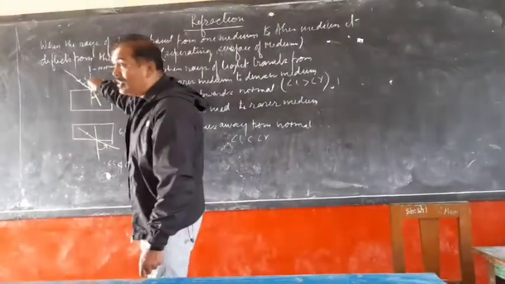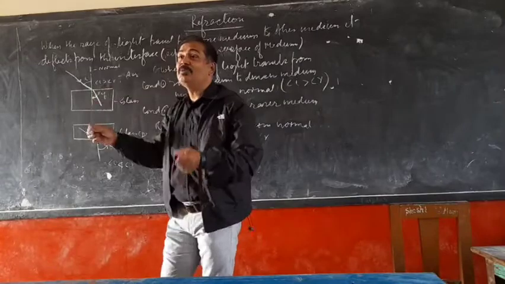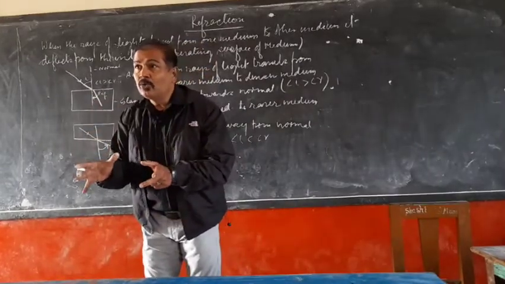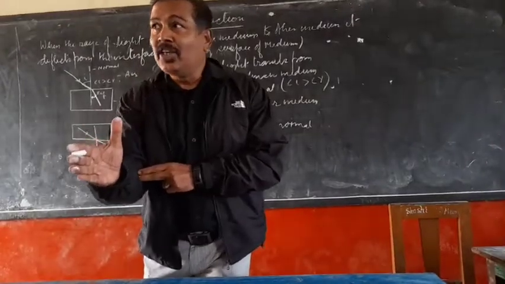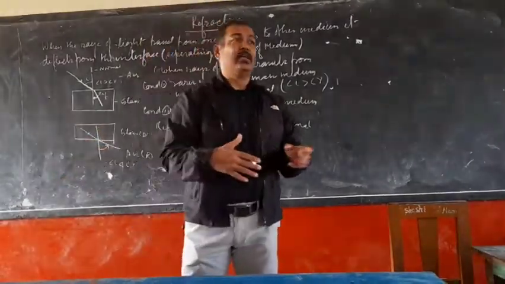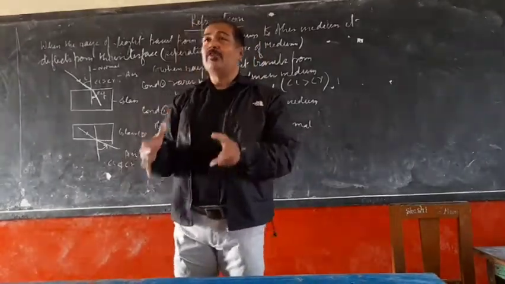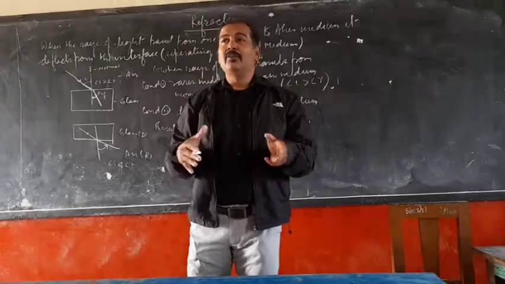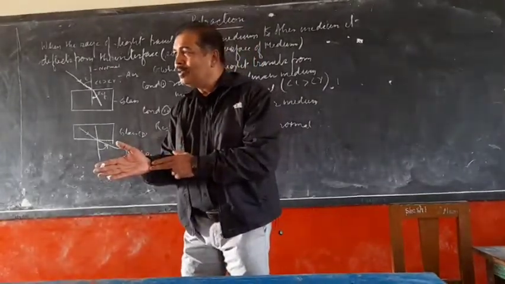As it comes into a congested area of higher density, the speed becomes slow. As the speed becomes slow, the direction automatically changes. Are you getting my point? When you are driving your motorcycle or cycle and you decrease the speed, automatically what you will find? That your direction will be changed.